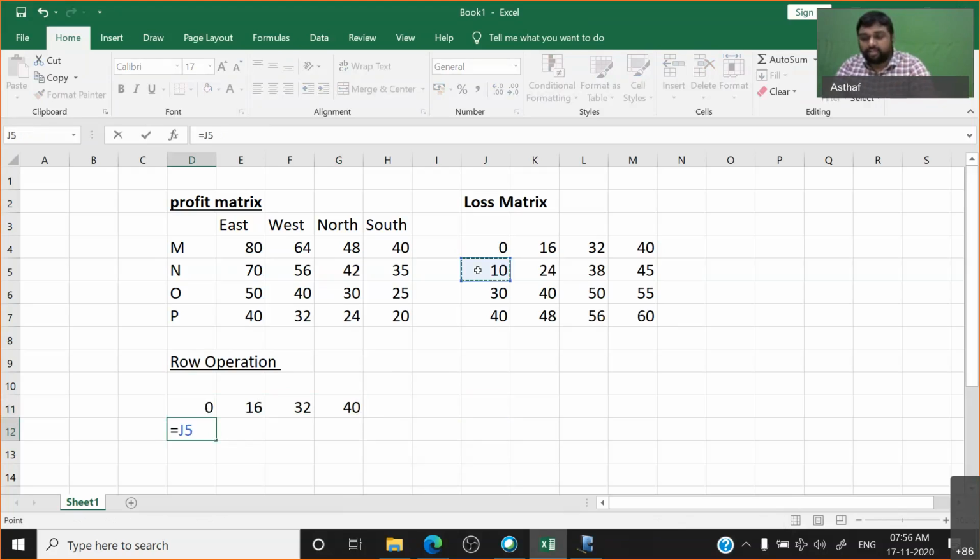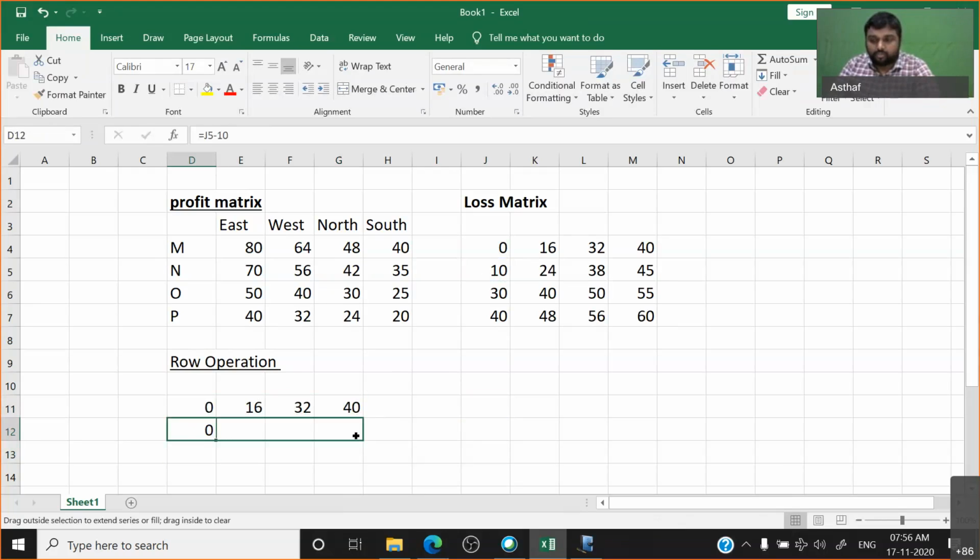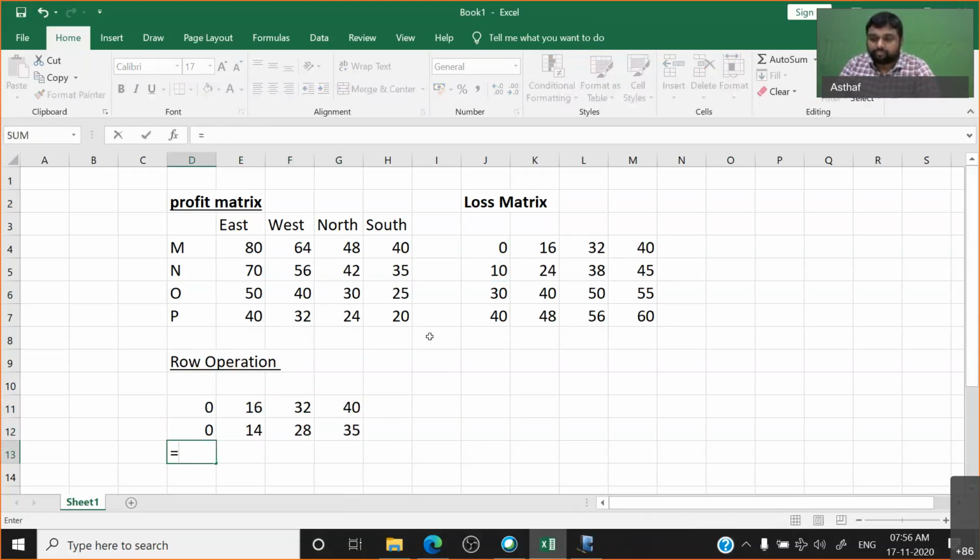Here the least number is 10. See, look. How interesting.